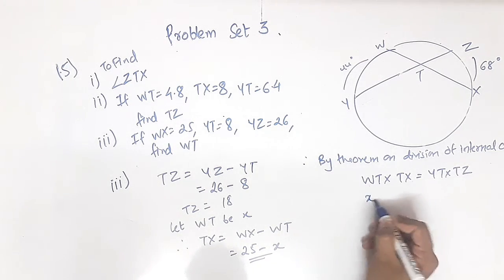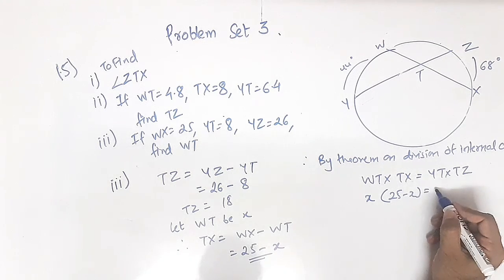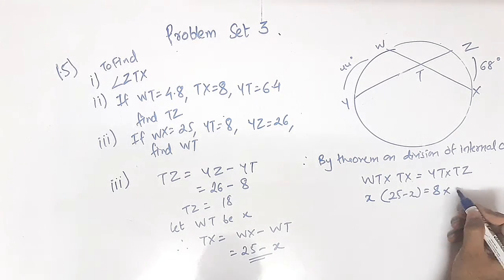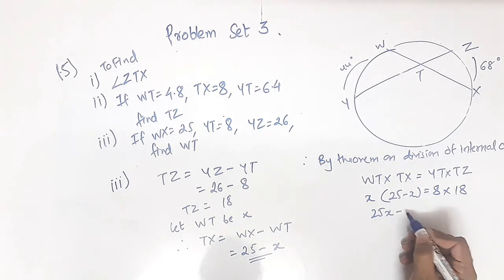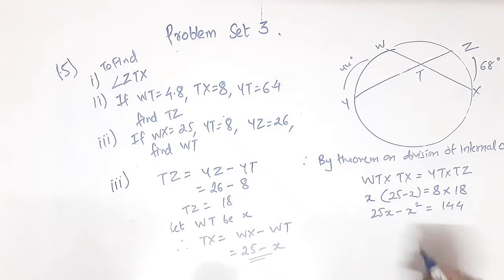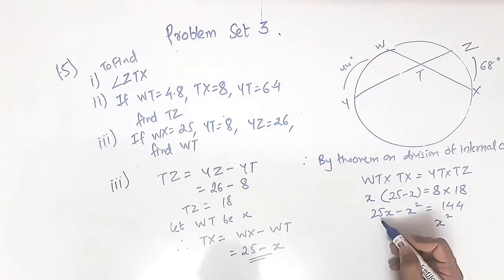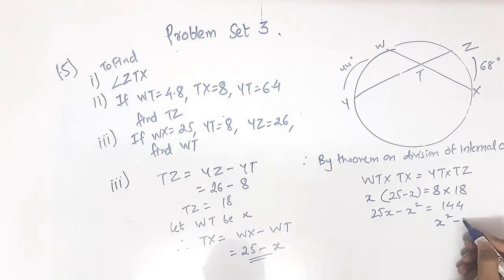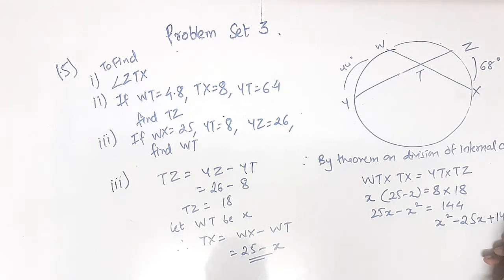WT is x, TX is 25 minus x, is equal to YT, which is 8, and TZ is 18. Now you can multiply this bracket. 25x minus x square is equal to, what is 18 8s are? It is 144. Let us make this positive. If I move this here, it will become plus x square. If I move this here, it will become minus 25x. This is already on the RHS, so the sign will not change, and 0 I am writing here.